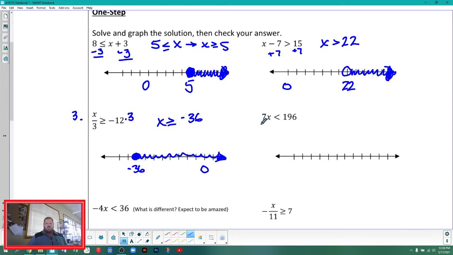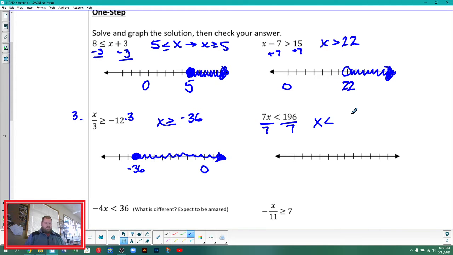On this last one, I'm going to take 7 and divide by 7 on both sides, and I'm going to get x is less than, and 96 divided by 7 gives me 28.